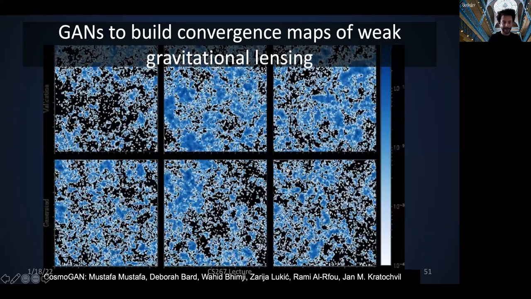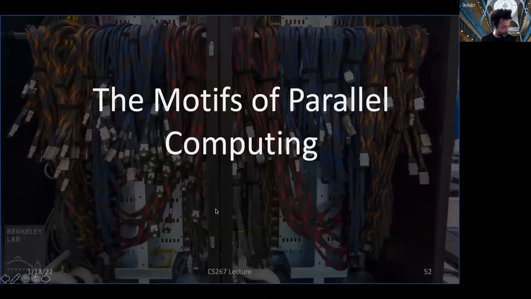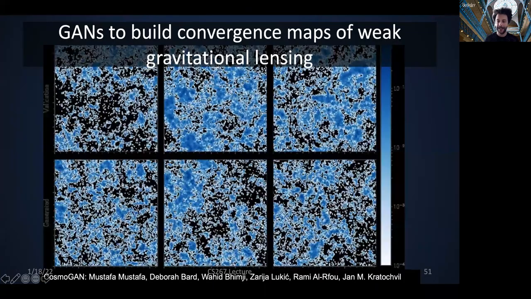And here, what we see is, let me see if there's an animation here. There doesn't seem to be an animation. People using machine learning for generating scientific data. So generally, as I said, people use simulations to generate scientific data, but you can use certain kinds of machine learning methods, such as, in this case, generative adversarial networks, to build convergence maps of gravitational lensing.